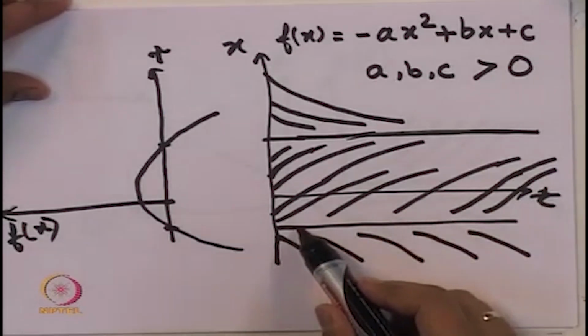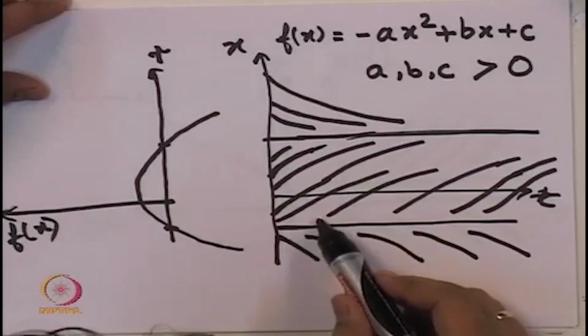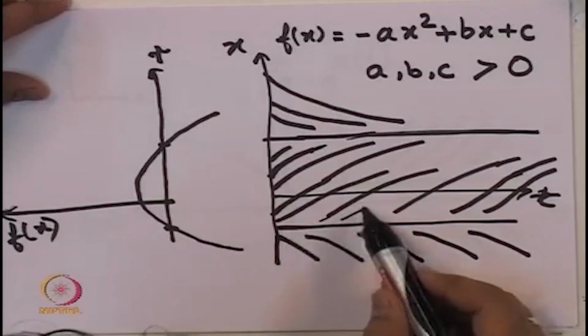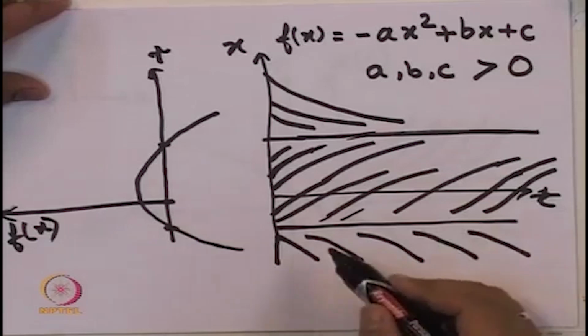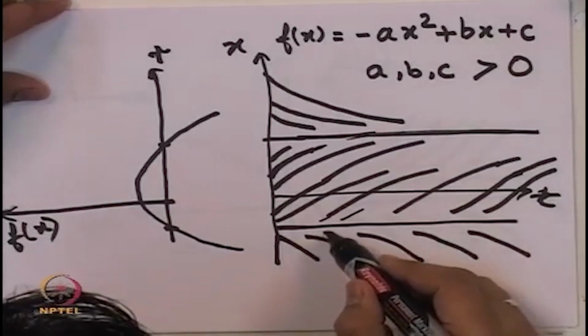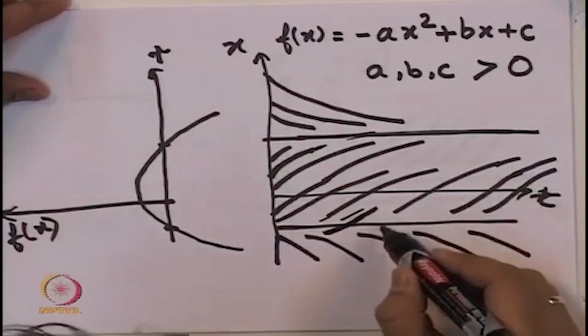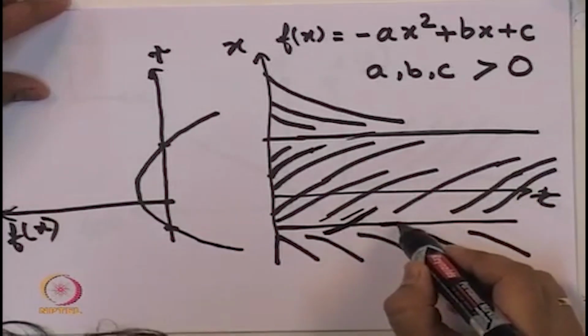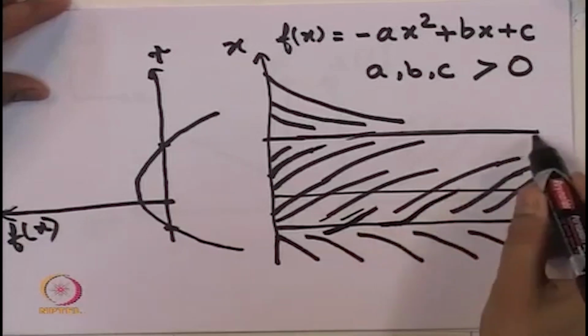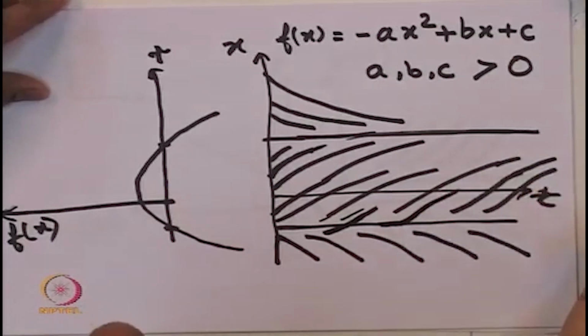On the other hand, here we see that these trajectories are going away from the equilibrium point. We will ask the question, is it possible that a trajectory here cuts and comes to this, or is it possible that when going along this we can move out and go here and reach that equilibrium point? These are the questions we will analyze in more detail.